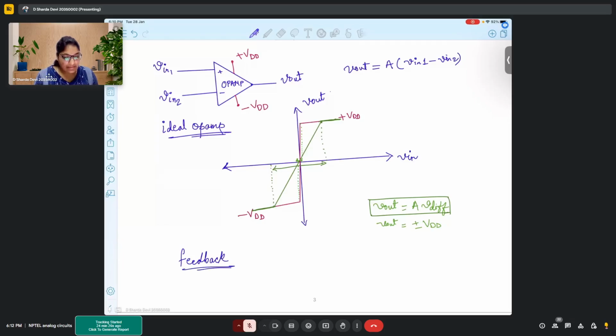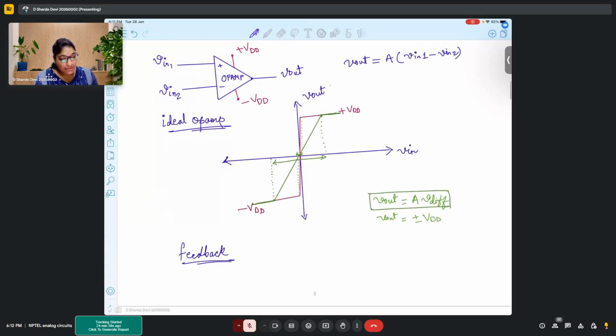This is where feedback comes into the picture. So to increase the input range of your op-amp, we introduce a negative feedback in our op-amp. Basically, what it does is it reduces the gain.